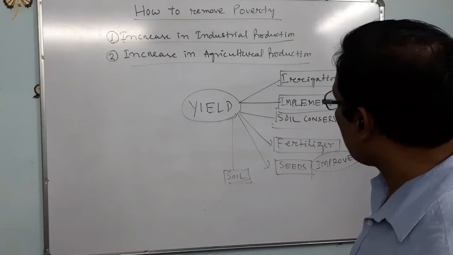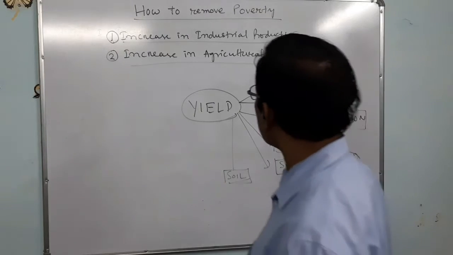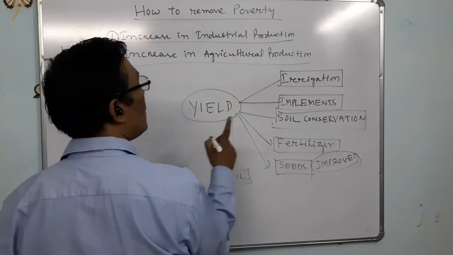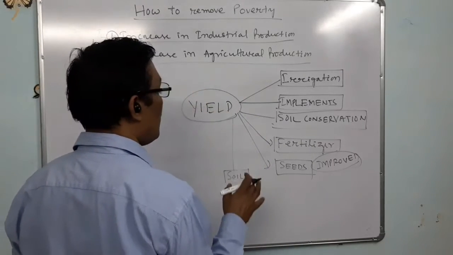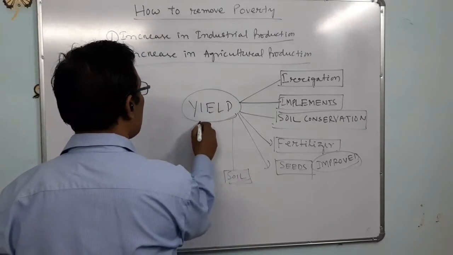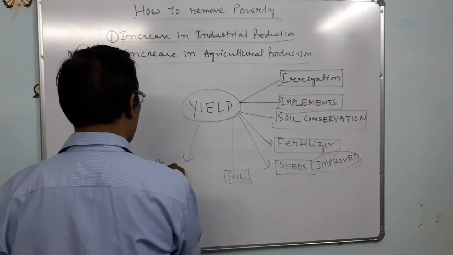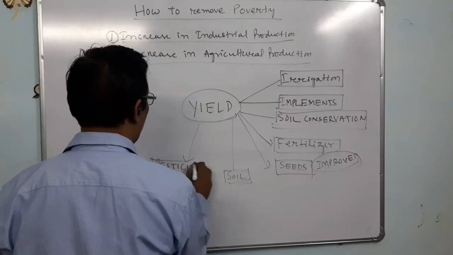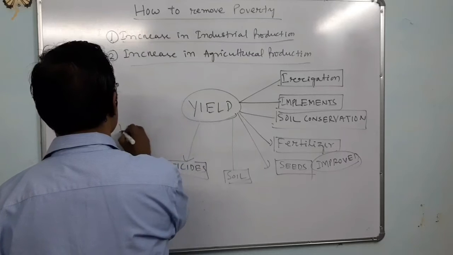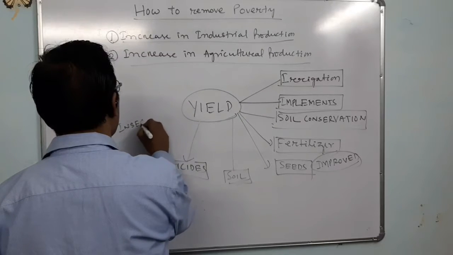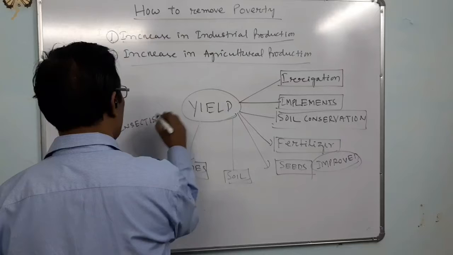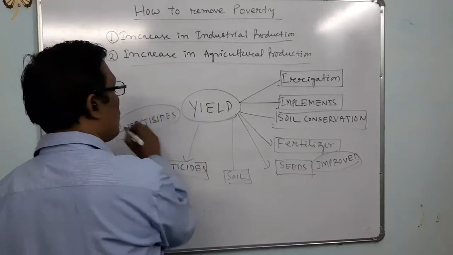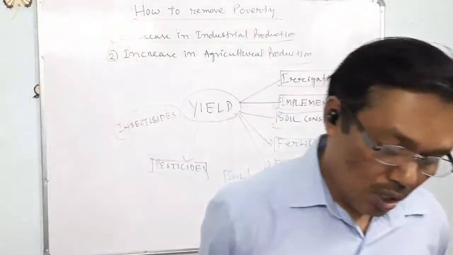So after that, sowing the seeds, at what time they have to implement high yielding variety seeds, fertilizers, pesticides, insecticides, this is also a most important factor, at what time they have to implement.